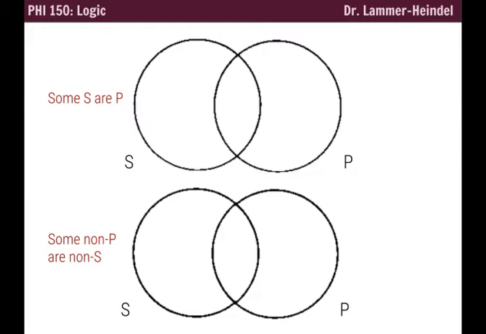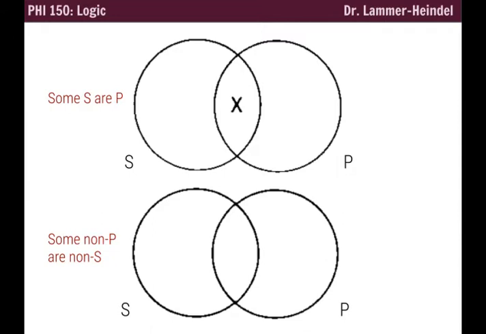Okay, so the standard I-form proposition is diagrammed by putting an X or an asterisk in the middle field, because some S are P tells us that there's at least one S that is also a P. Now, the contrapositive says some non-P's are non-S's. So we have to work outside of the P category, that's in the non-P area.